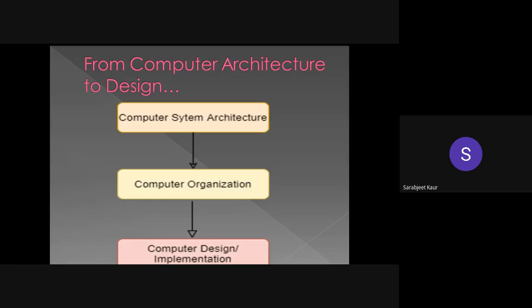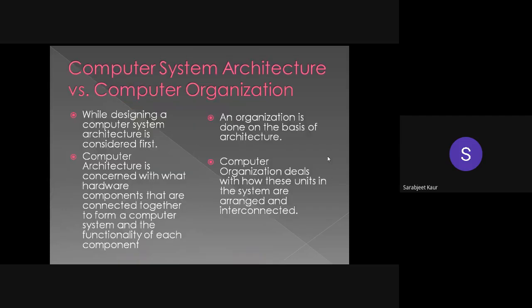We have already delineated what all components we are going to use in a computer system. In computer system architecture, we are concerned with what hardware components are connected together to form a computer system, and what is the functionality of each of these components.